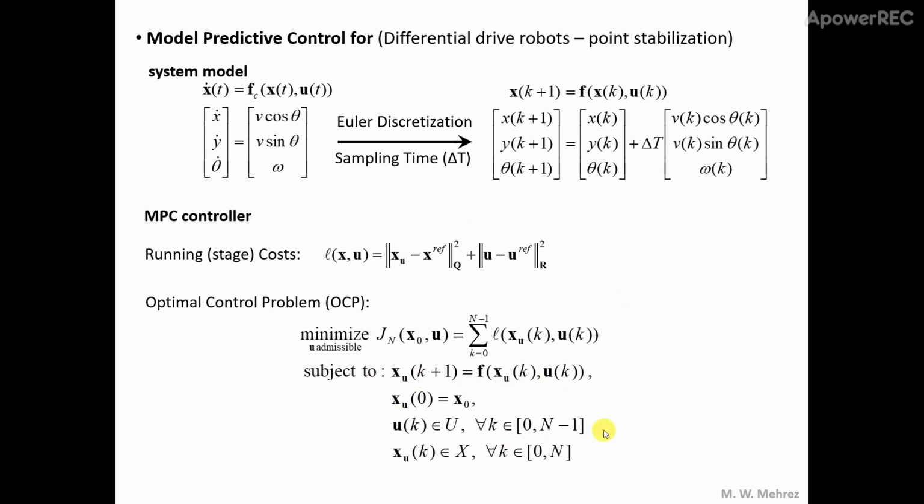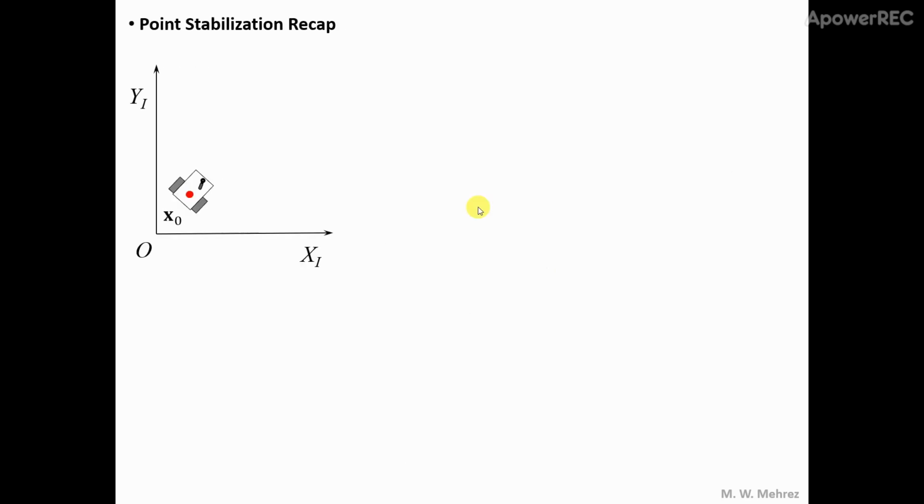Actually, this formulation is valid for both the point stabilization problem and the trajectory tracking problem, as this boils down to the way we define the xref and uref. If xref and uref are fixed with time, that's the point stabilization. If xref and uref are changing with time, then it's a tracking problem.